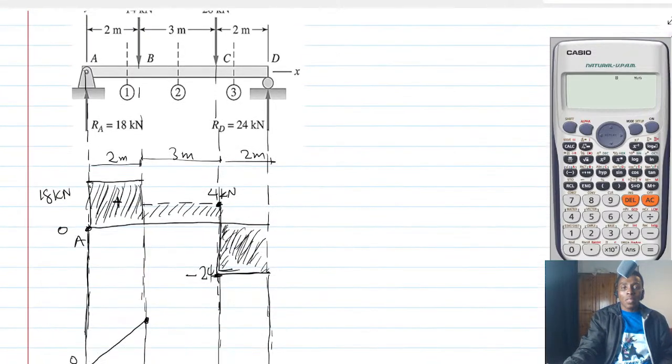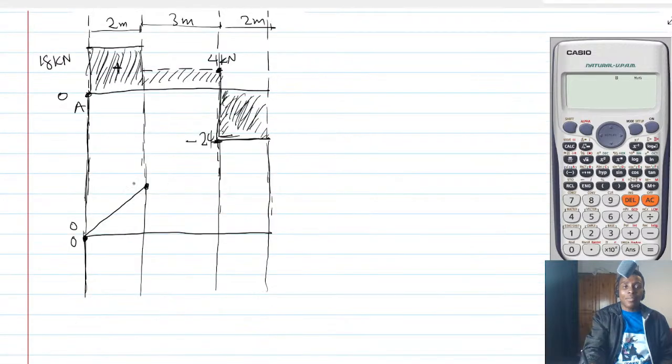Okay. So I have, okay, wait. This one was what? 36, right? Now I have 36. And let's not forget that interestingly, if you put 2 here, you are going to get 36, which is the minimum moment.